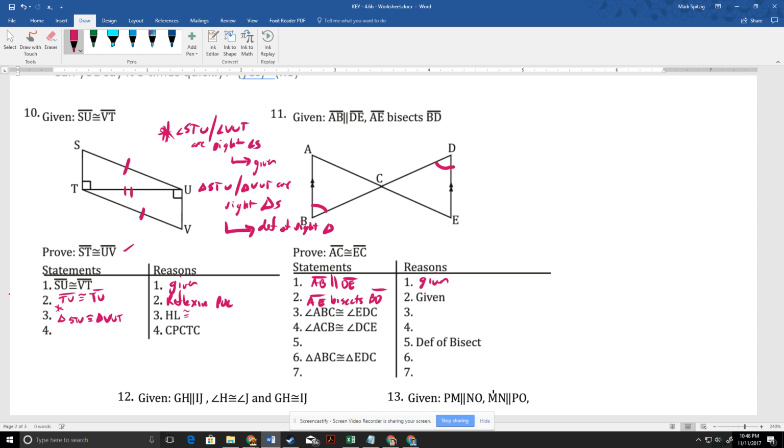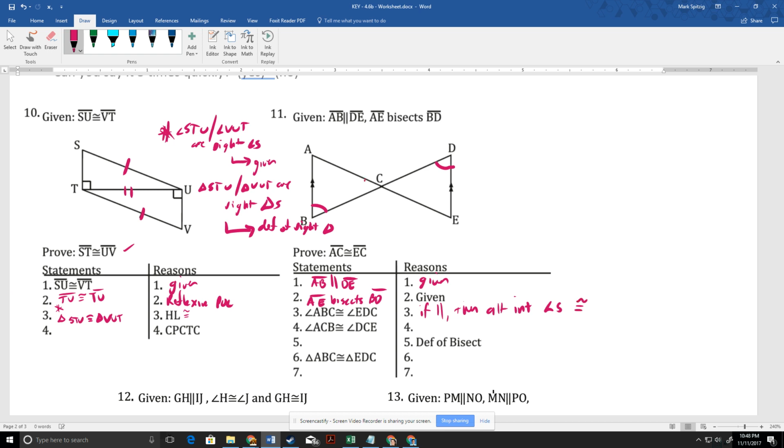Anyway, ABC. Because these lines are parallel, these are alternate interior angles. So again, if the lines are parallel, then alternate interior angles are congruent.